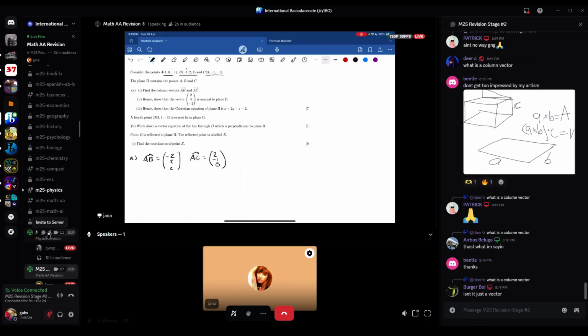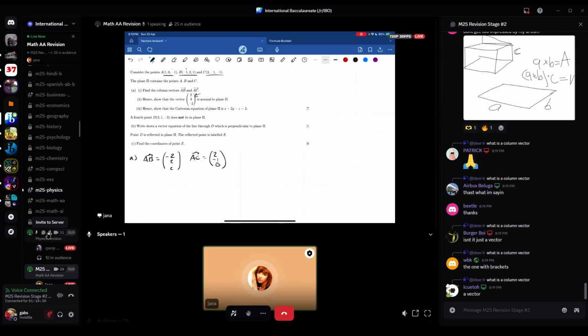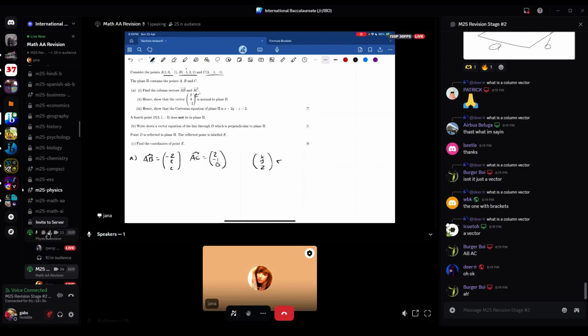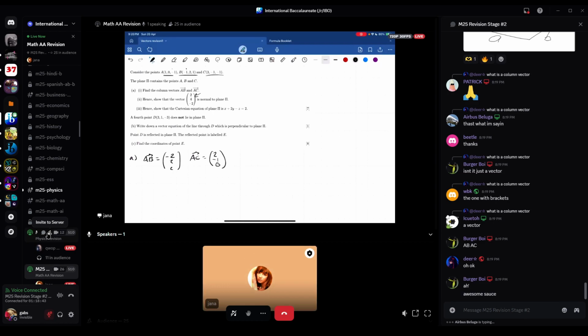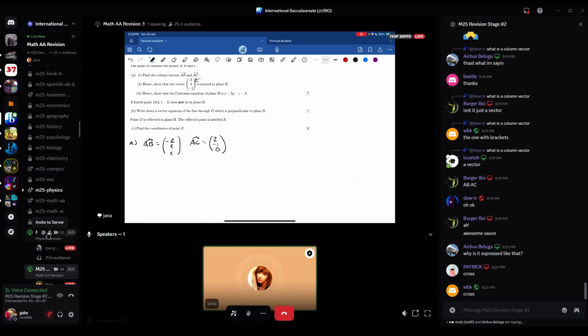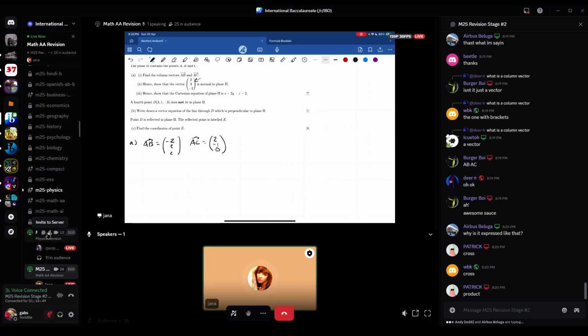A column vector is just a vector that's expressed like this, in a column. If we want to show that this is normal to the plane, how do we do it, guys? Yes, cross product.